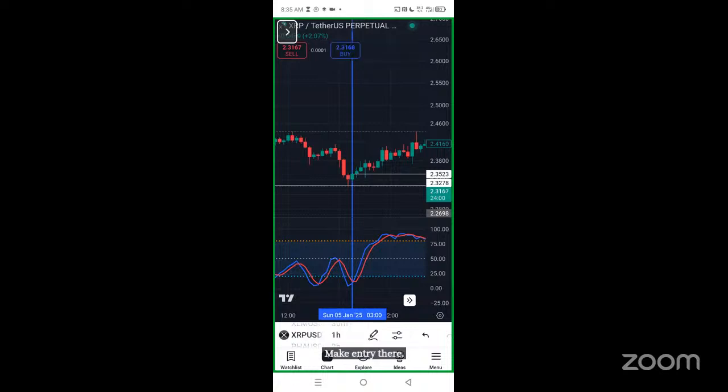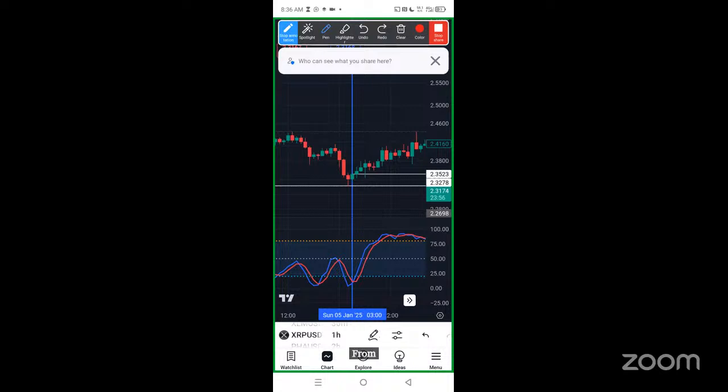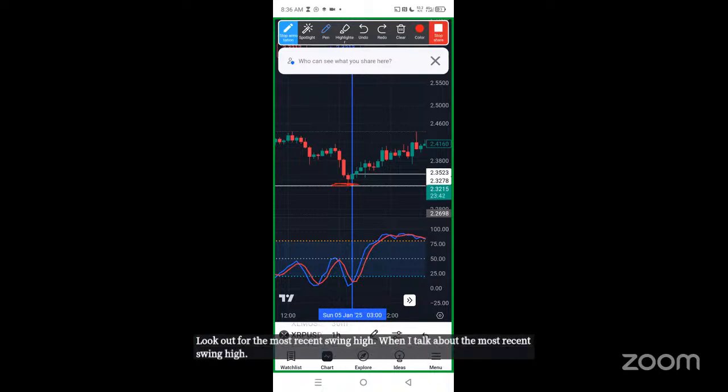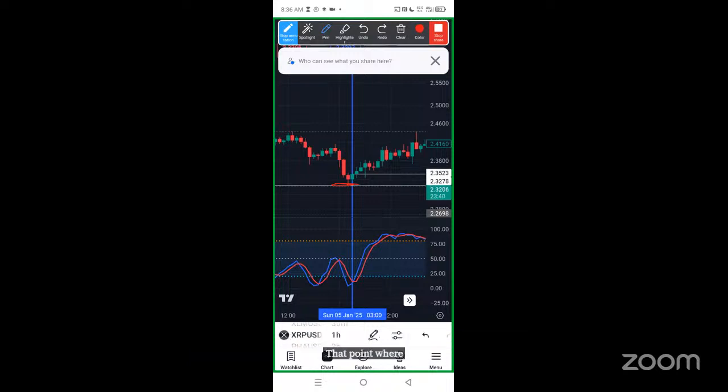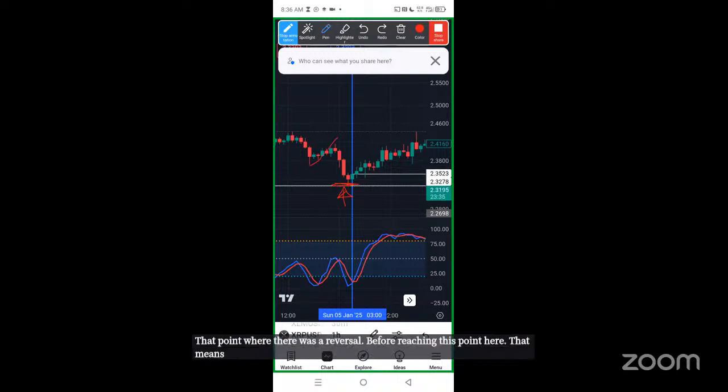Okay. Then from this point here, look out for the most recent swing high. When I talk about the most recent swing high, that is the point where there was a reversal before reaching this point here. That means the market went up and then it reversed before dipping to this support level, which in this case would be this.